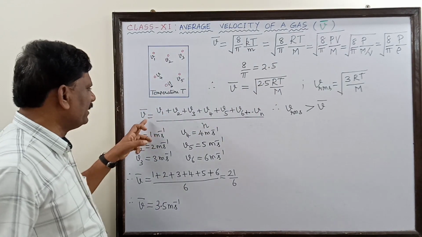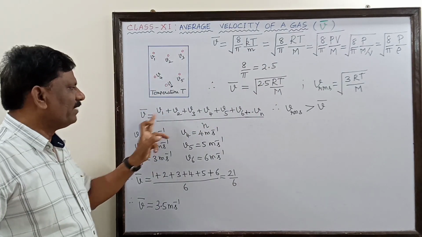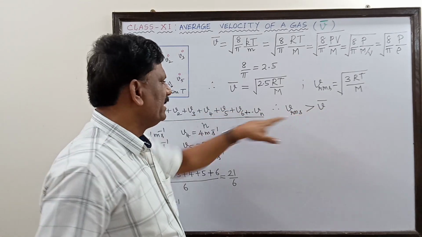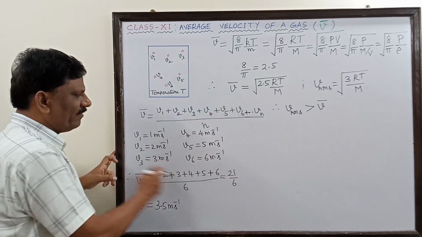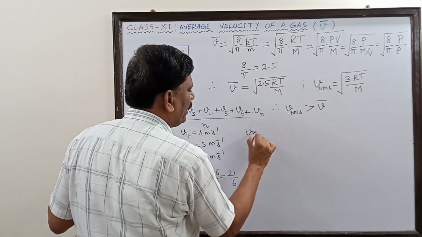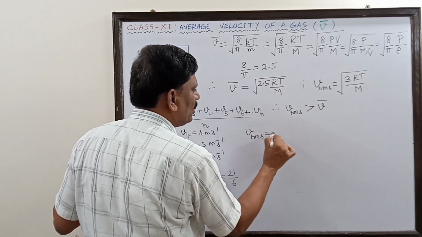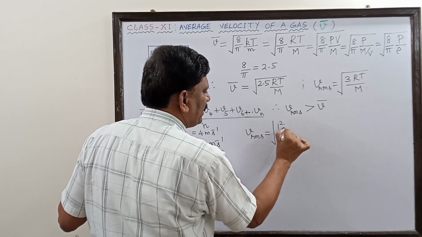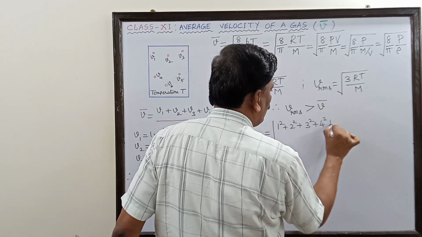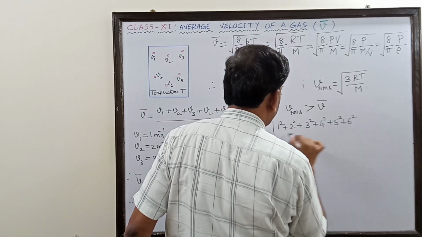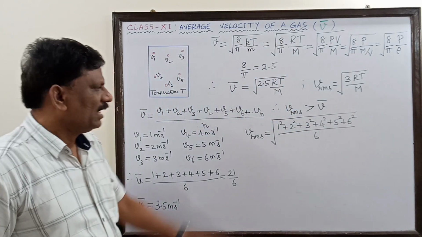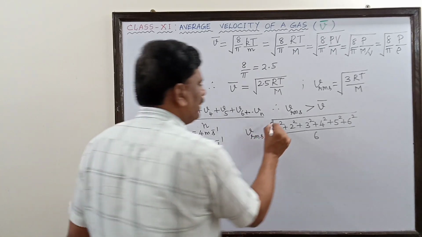Now children, by this method I have found the average value. Now if I find the RMS velocity for the given values of the velocities, I can go like this. V RMS is equal to square root of 1 square plus 2 square plus 3 square plus 4 square plus 5 square plus 6 square, whole divided by 6. This is how to find the RMS velocity by the mathematical method.